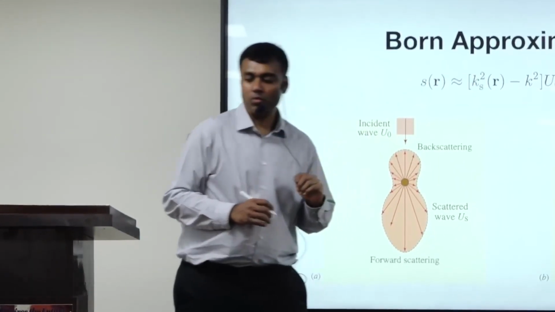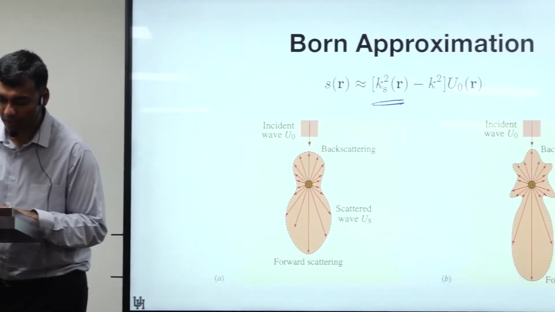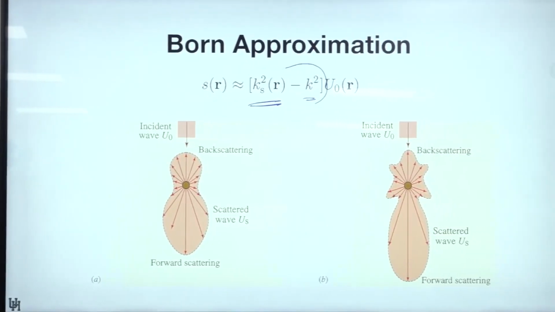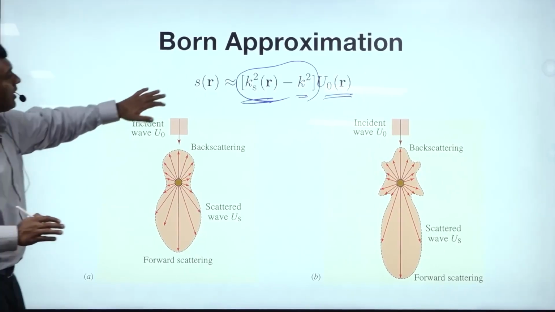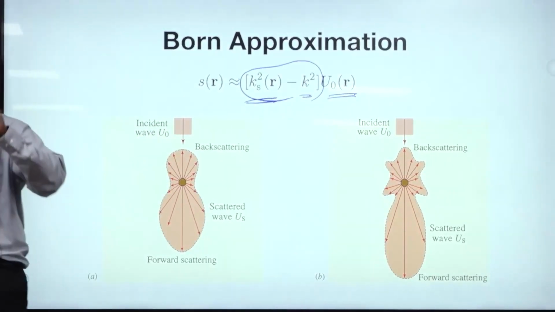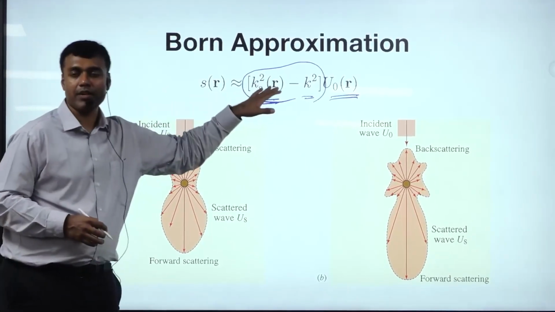In this case, you take ks of r squared minus k squared, and this times the incident field is basically your scattering potential. How much light is scattered in different directions just depends on ks squared minus k squared, and ks squared is related to the refractive index.